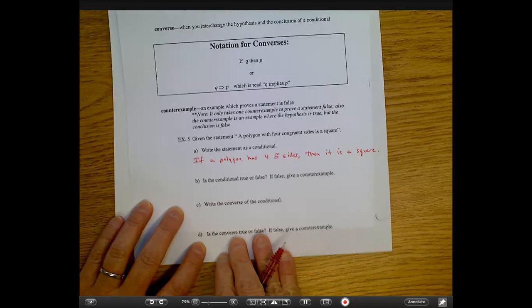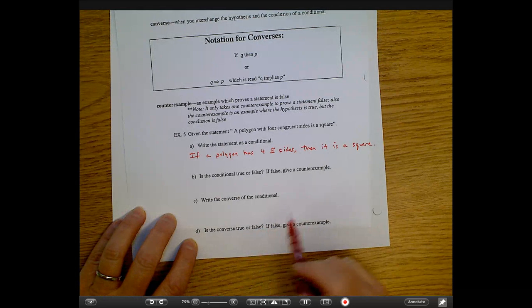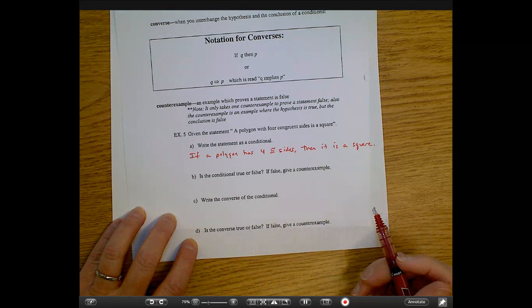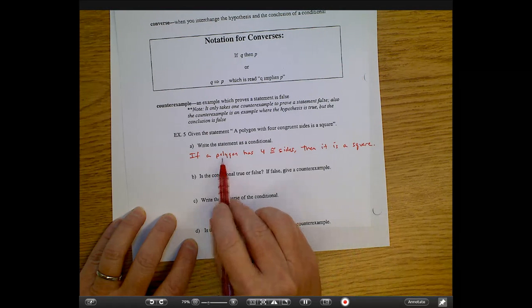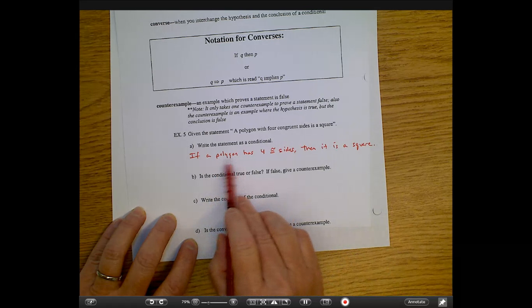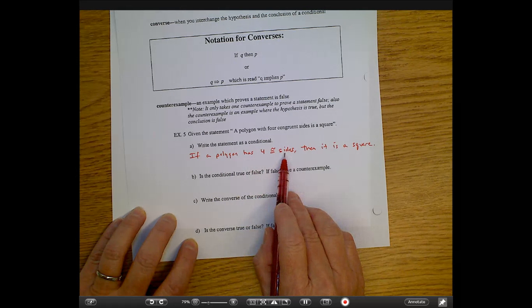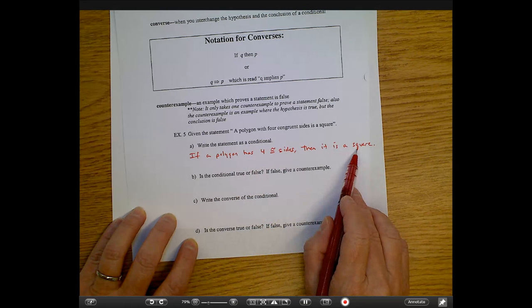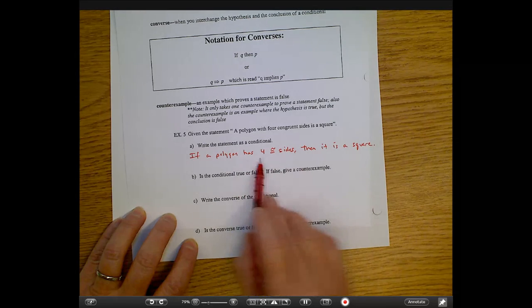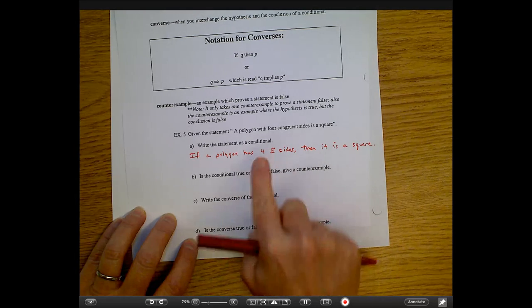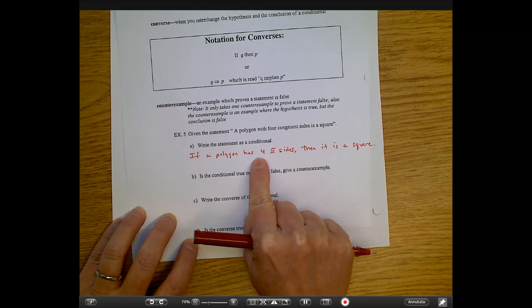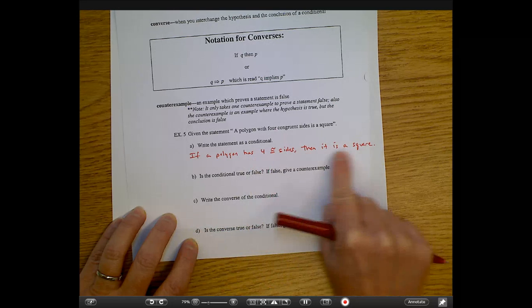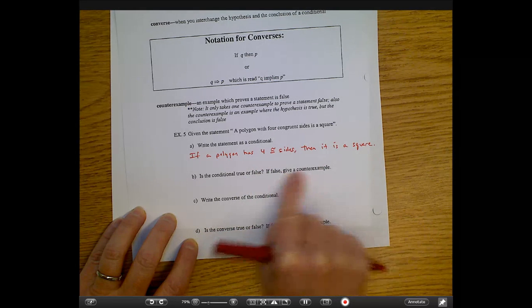Now what we'd like to do is decide if it's true or false. You're wondering, if I have a polygon that has four congruent sides, is it always going to be a square? You have to think about an object that has this going on, but does it have to be a square? That's how you figure out your counterexample.